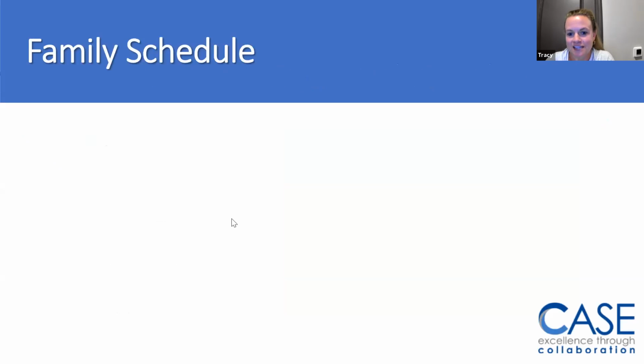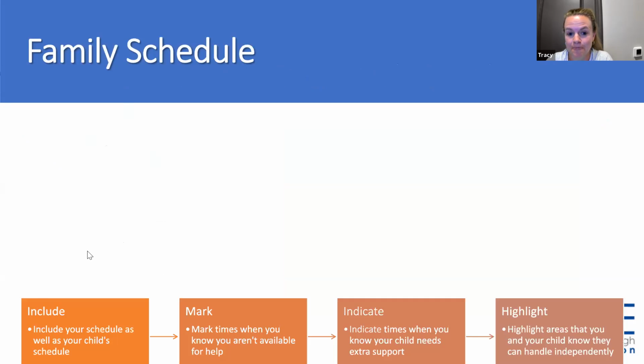There's a couple different schedules that I wanted to talk about tonight. There's both schedules for your entire family and those individual schedules that you see for your kiddos. As far as the family schedules go, I'd like you to consider some different aspects to include.